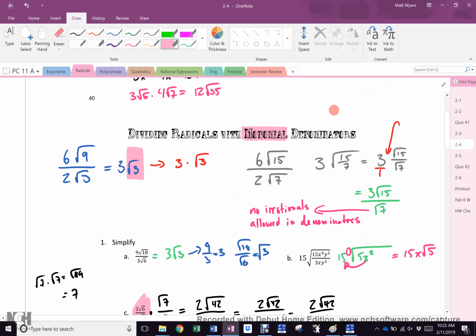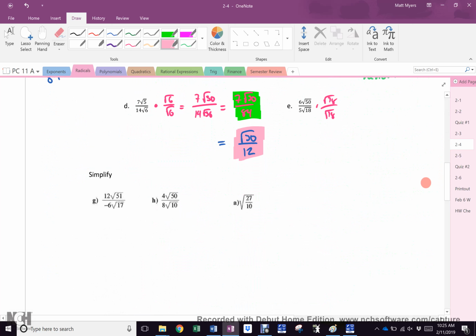Monomial. What do you notice about every question on this page? They all share one characteristic. The denominators are all monomials. Are there bigger polynomials than monomials?